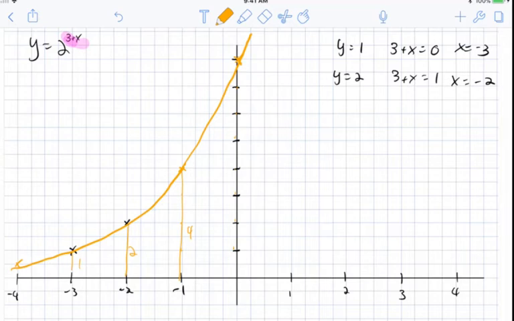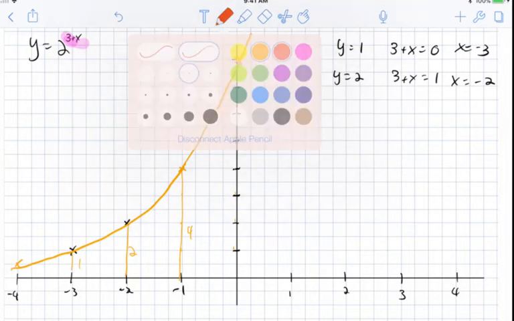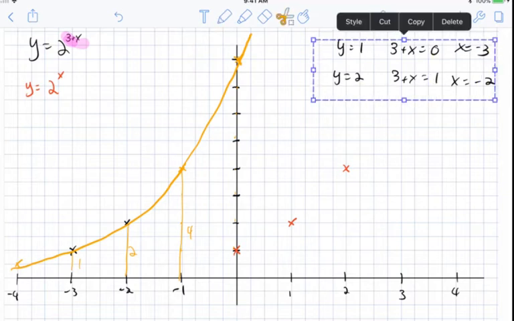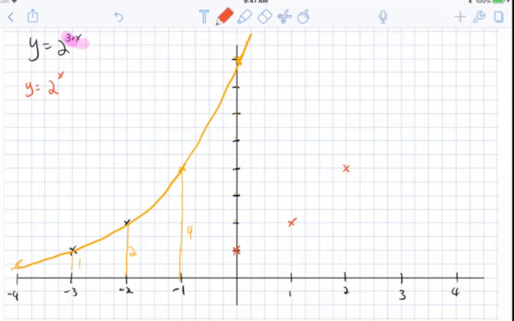Now, for fun, let's compare that with the function y is equal to 2 to the x. We know that's just a basic exponential, so it goes through that point, and then it doubles, and then it doubles again, and then it doubles again.